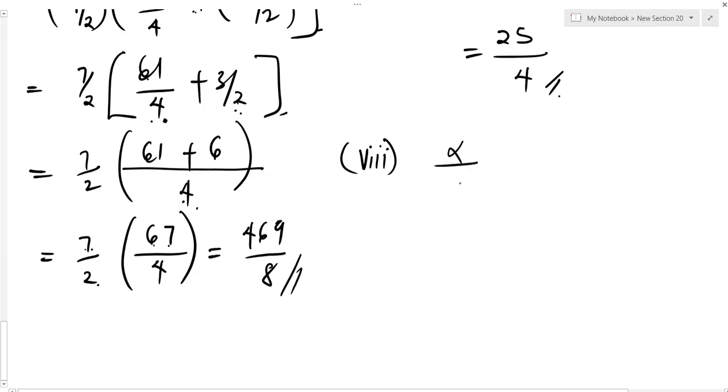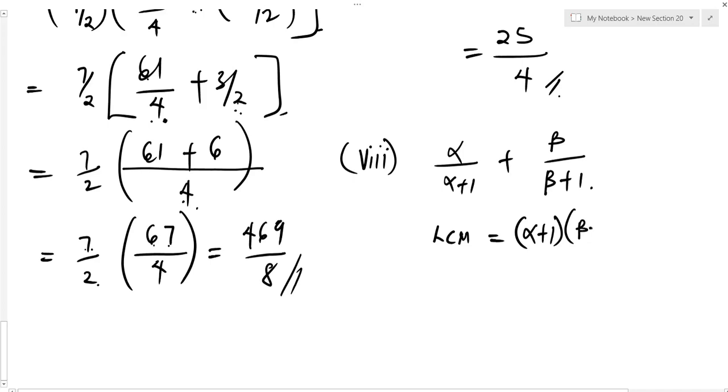You have alpha divided by alpha plus 1 plus beta divided by beta plus 1. Now the LCM of alpha plus 1 and beta plus 1 is equal to alpha plus 1 times beta plus 1.